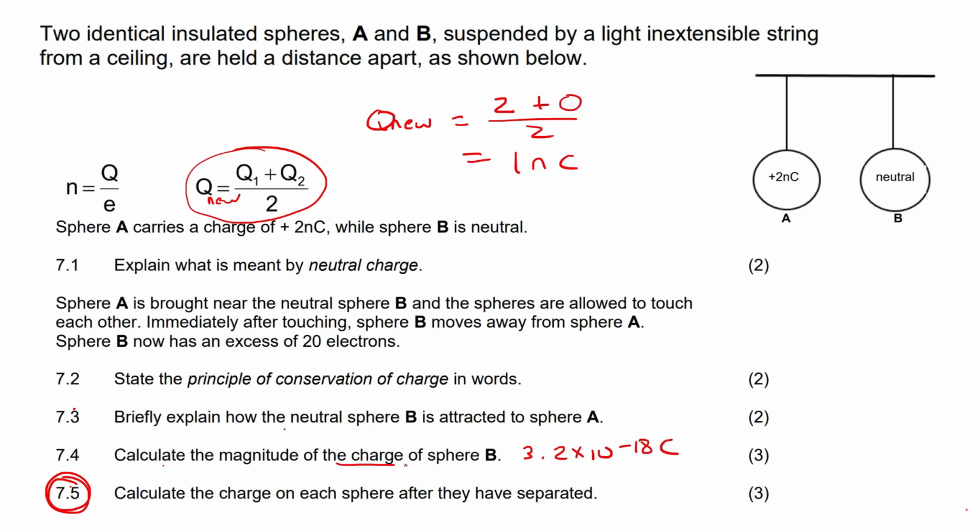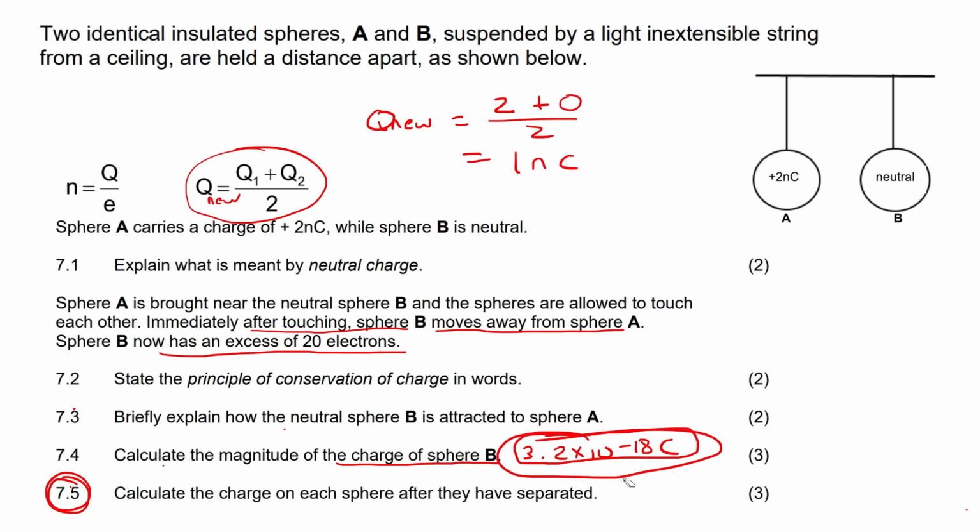That was the charge of B after they touch, because it said immediately after touching, sphere B moves away, and sphere B now has that. So technically, if that's the charge of sphere B, then that would also be the charge of sphere A, because we've learned that when they move apart from each other, they always have the same charge.